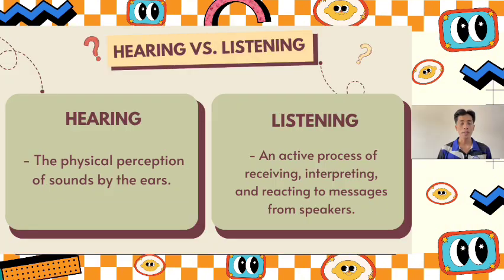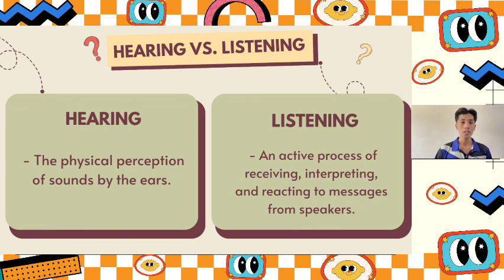Now, let's talk about the difference between hearing and listening. Hearing is the physical perception of sounds by the ears. Hearing is a purely passive physiological process. It is the physical sensation of sound waves entering your ears and being transmitted to your brain.